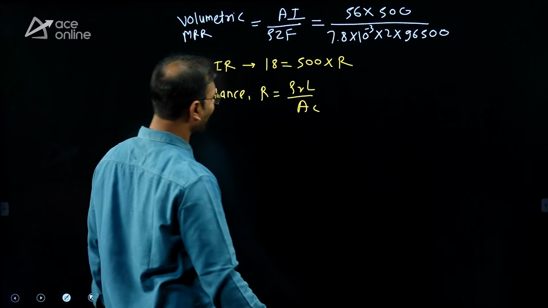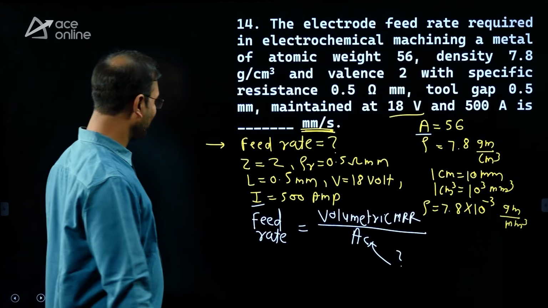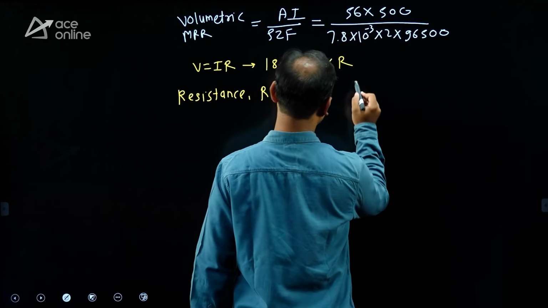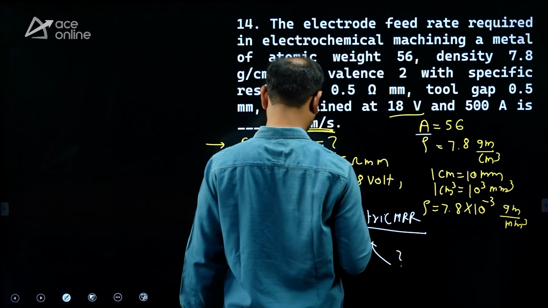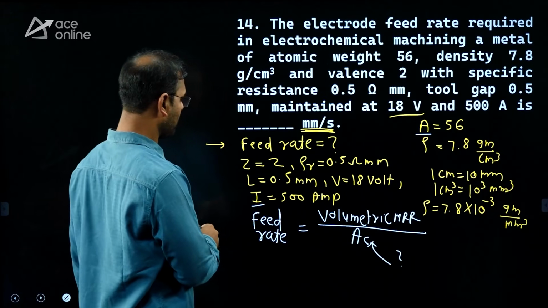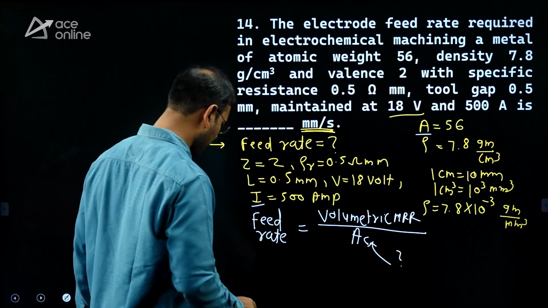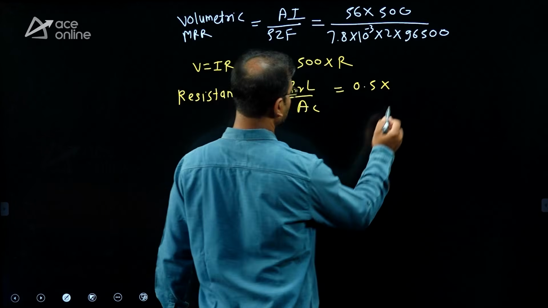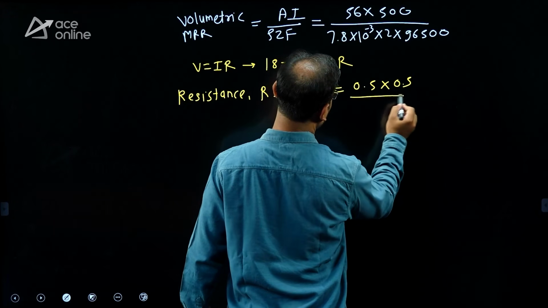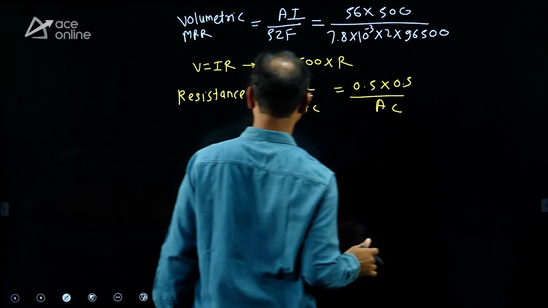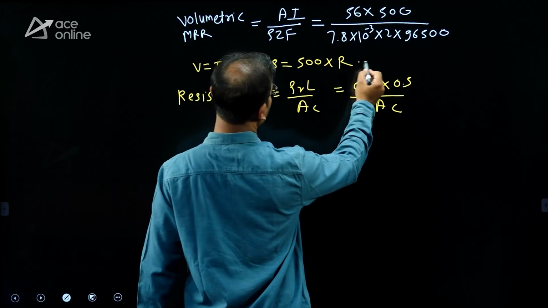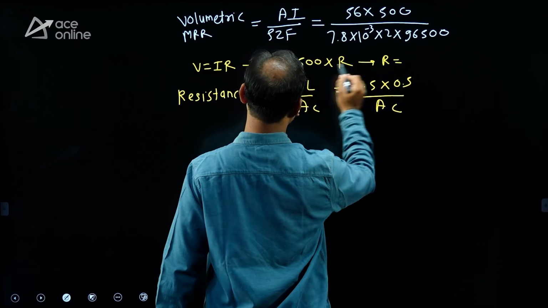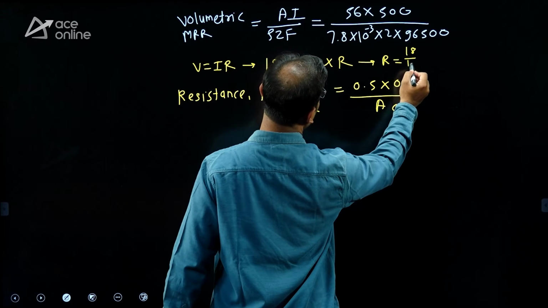Oh, now we are on the track. What is rho? 0.5 ohm millimeter. What is the gap here? Gap is also 0.5, divided by AC. Then here, what is R? R is equal to 18 by 500.